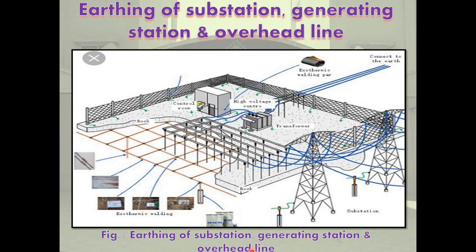Pipe electrodes are usually 30 to 40 mm diameter and 2.5 m long galvanized iron pipes or solid mild steel rods. These are used in substations and power plants. The earthing pit should be filled with charcoal, common salt and soil to reduce earth resistivity.